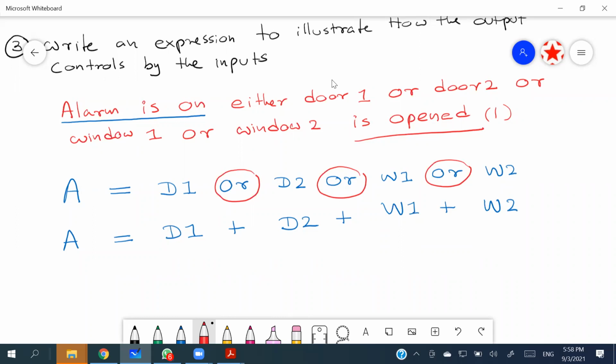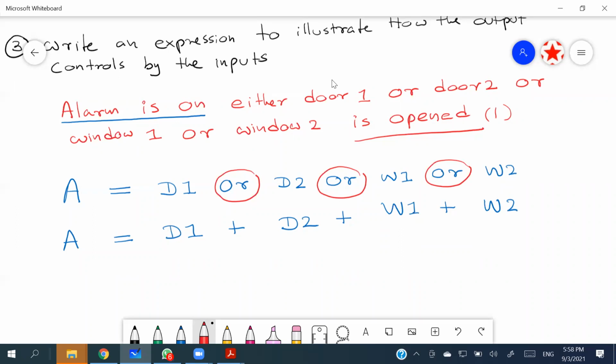According to Boolean algebra, we know OR is indicated by plus, and AND is indicated by a dot. So here we have OR in every place. So we replace OR by a plus, right? So we can have the final answer, which is A equals D1 plus D2 plus W1 plus W2, right?